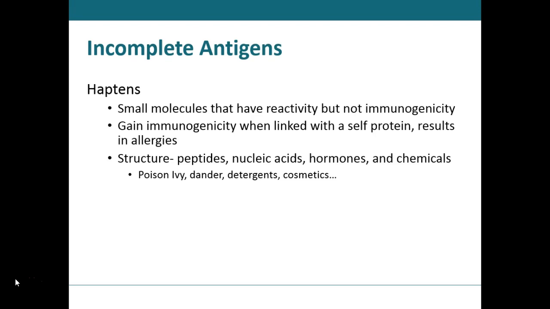Some drugs, like penicillin, combine with proteins in the body and form immunogenic complexes, so they trigger an immune response. Hapten-stimulated immune responses are responsible for most allergic reactions to drugs and other substances in the environment.